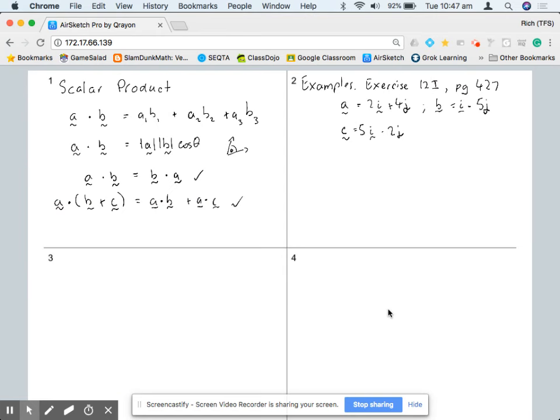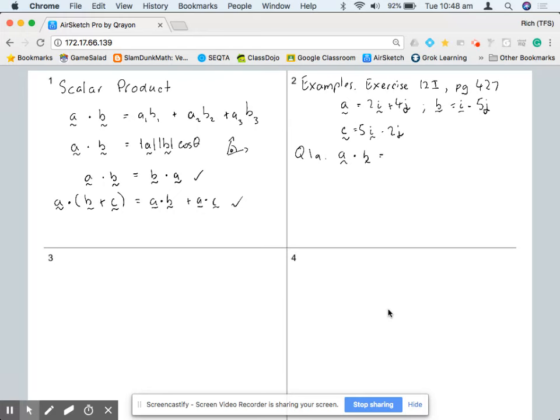What you might want to do, if it helps you, is write them out in column notation. I'm not going to do that, but for example, you could write vector A as 2, 4, and keep going for the other vectors. I prefer to read them from the vector notation, but you don't have to. So the dot product of A and B is quite simple. We just match things up.